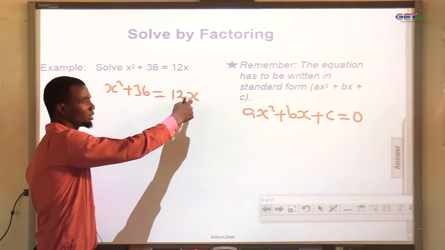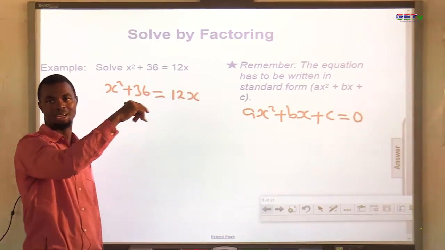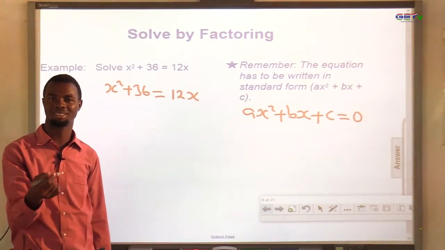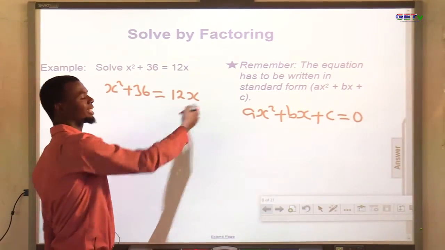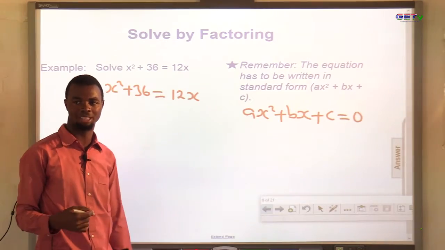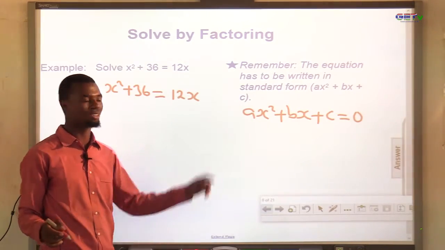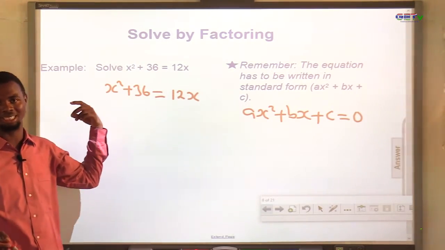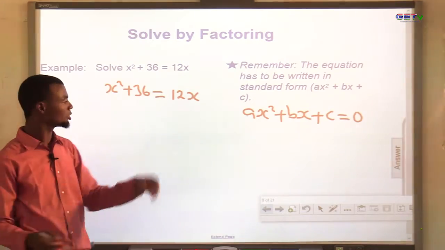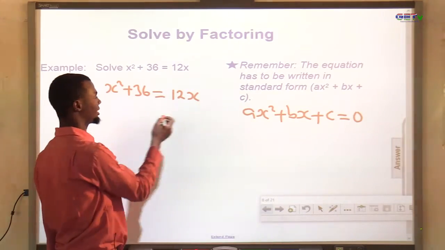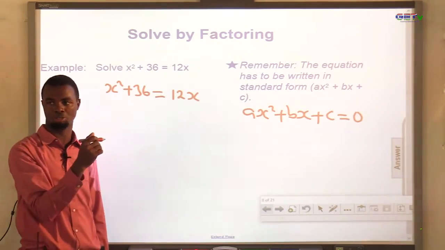We have to make sure this part is 0 here. And how do we make that 0? Subtracting minus 12x from it, it becomes 0. So if that happens, you have to do the same thing at the other side of the equals to sign. So you will have minus 12x here. Here also you have minus 12x.